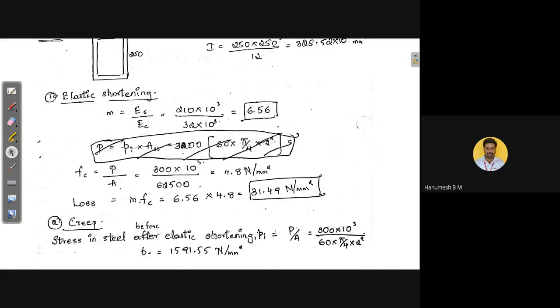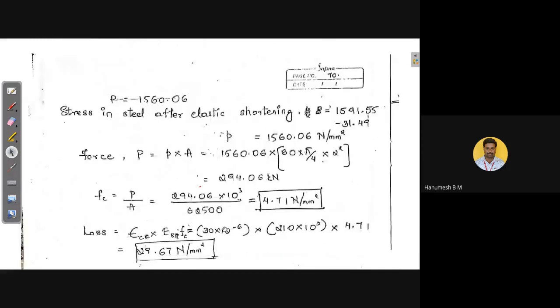Now the initial stress before elastic shortening, we will represent it as P0. P0 is equal to 1591.55 Newton per mm square, 1591 Newton per mm square.